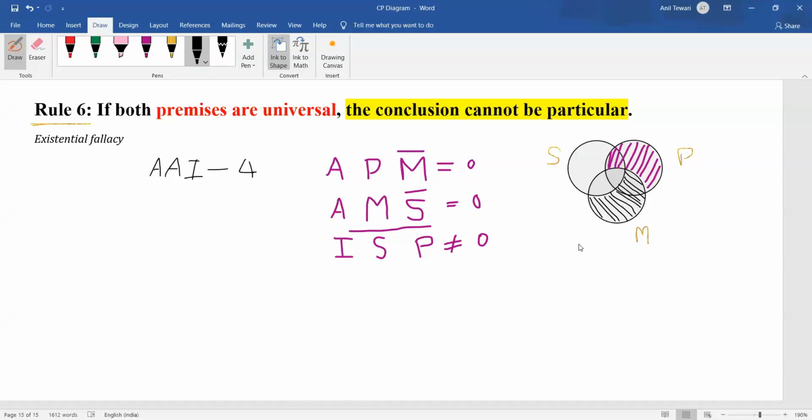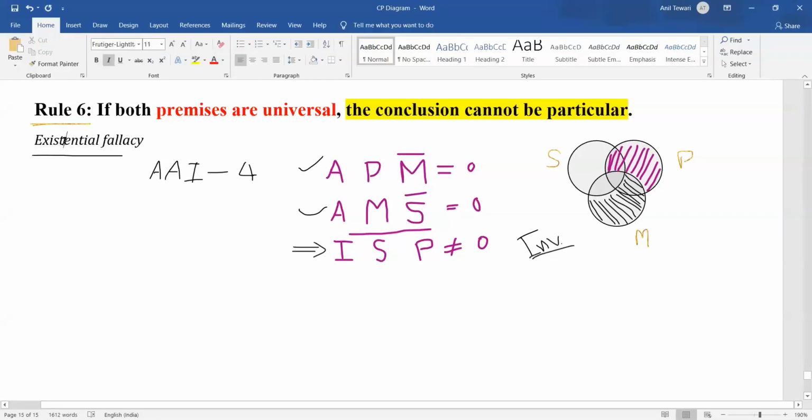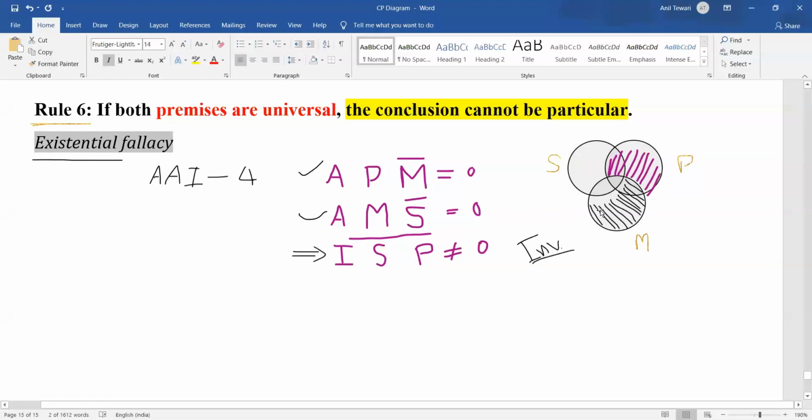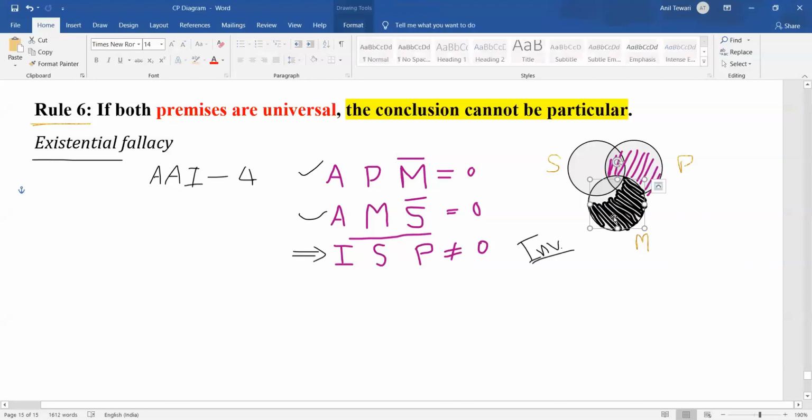Existential fallacy occurs if you have universal propositions as premises and a particular proposition as conclusion. Clearly universal propositions do not involve existential commitment, which is what George Boole said. Particular propositions do, right? Particular propositions demand a cross, while universal propositions do not.